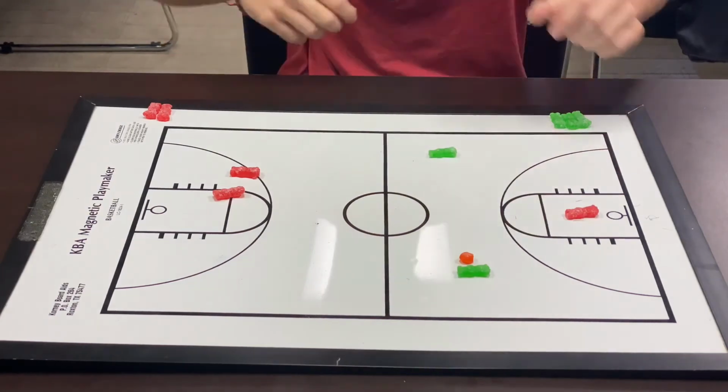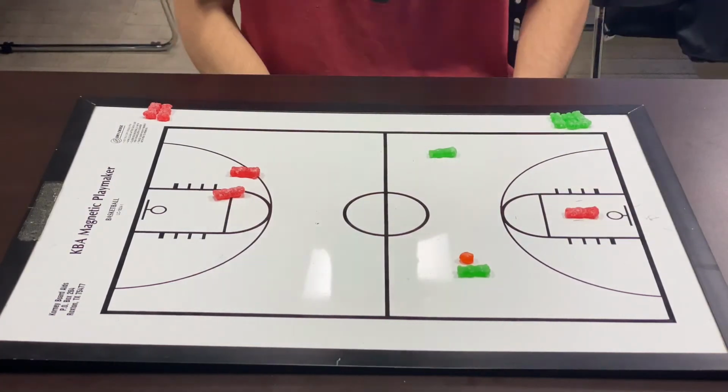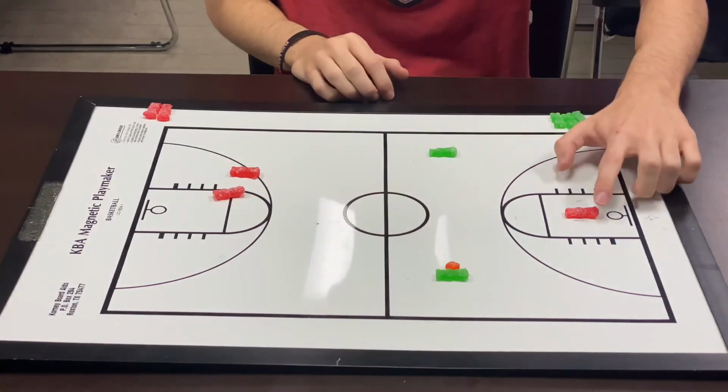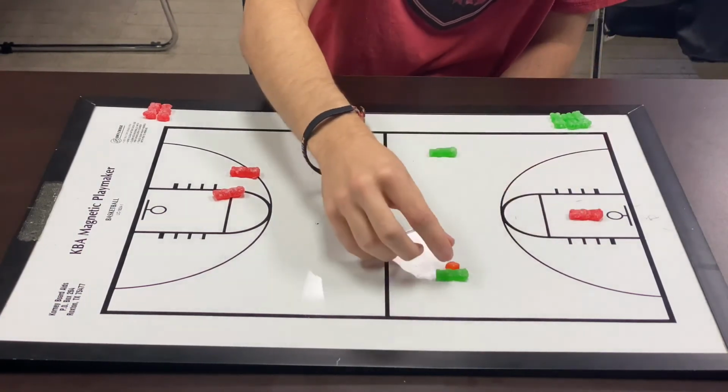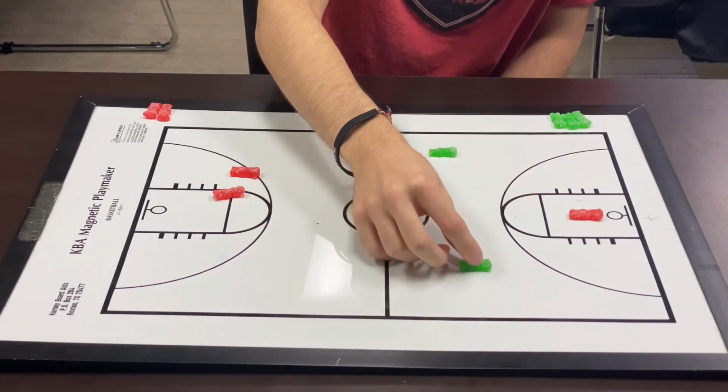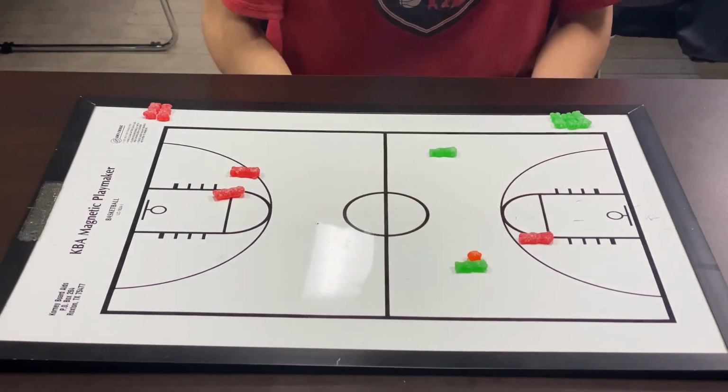Let's go over one more thing. So let's say we're spaced out, we're good, okay? They're staying back. He's staying back, and he doesn't necessarily want to give up an easy jumper, so he comes up and commits a little bit earlier.